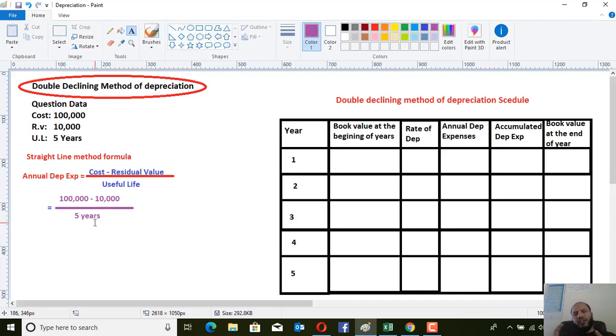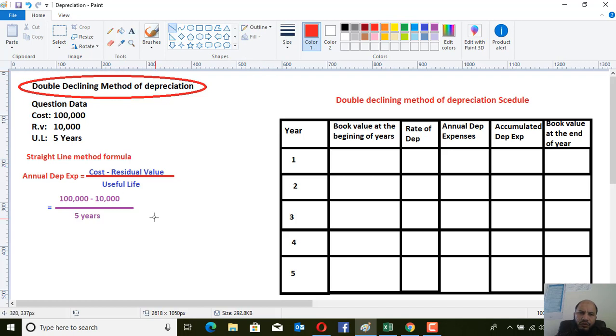Okay dear students, one thing which is important over here: the double declining method does not consider the residual value. So we shouldn't minimize the residual value. We should directly divide the original cost of the asset upon the useful life of the asset. So we will not consider the residual value in our calculation.